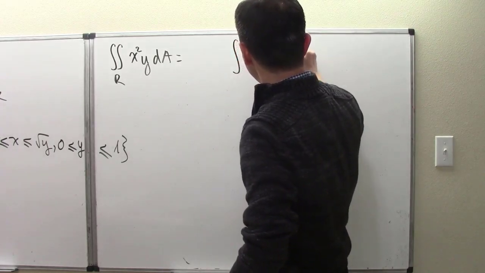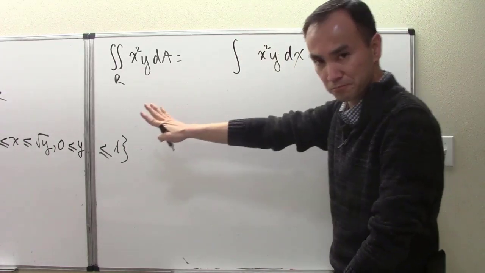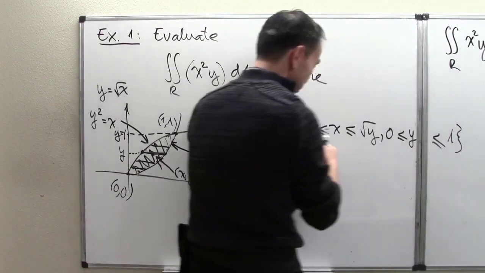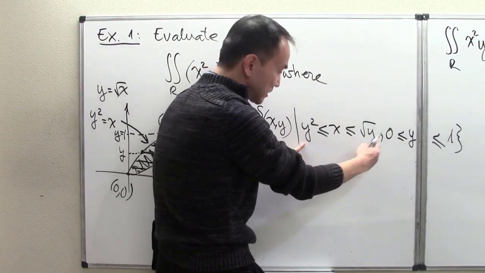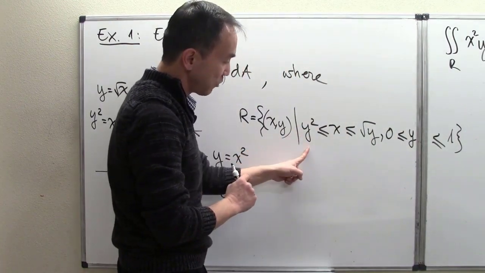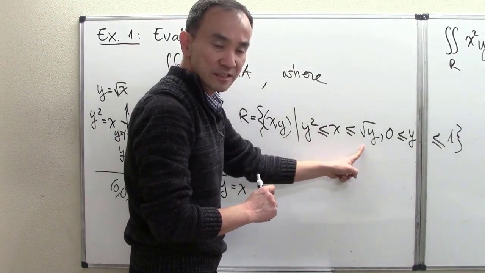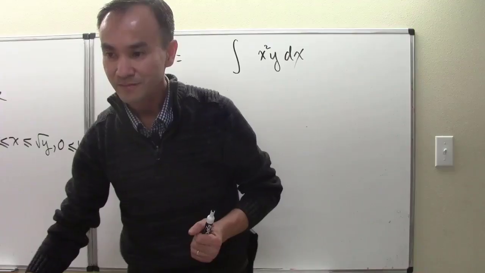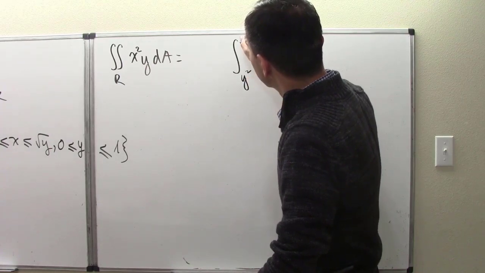But remember, we broke it down earlier: x changes from some general curve in terms of y and ends at some other right-hand side curve in terms of y. So this is the bottom end of our integral, and this is the upper end of the iterated integral. It runs from y squared to square root of y.